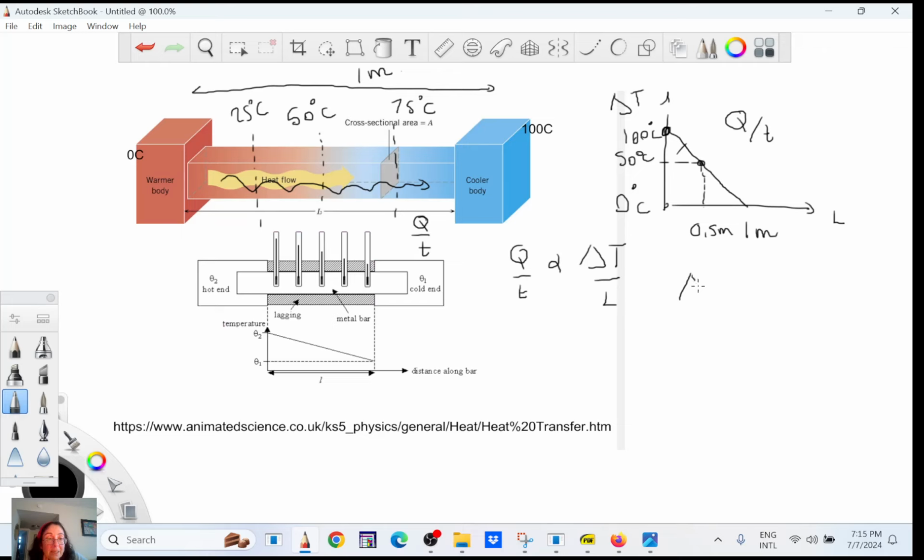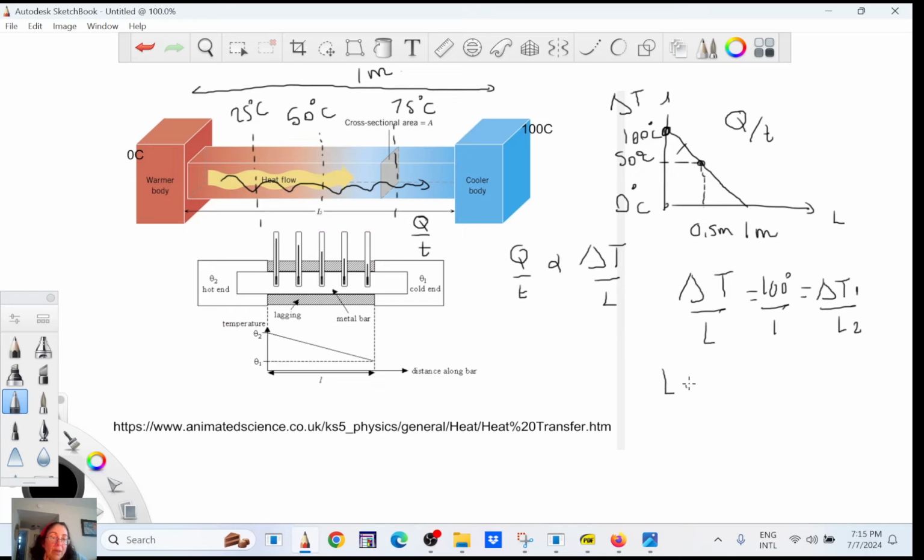And you see that delta T over L, that's going to be 100 degrees minus 0 over 1. It's going to be, for example, delta T2 over L2.